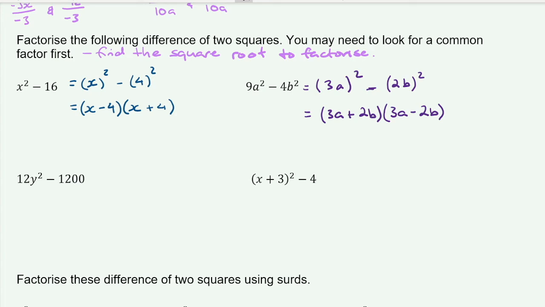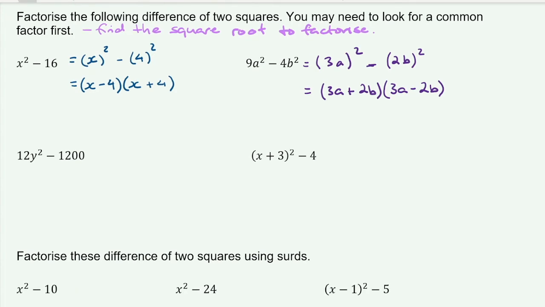Okay, so in this one we have 12y squared minus 1200. Now 12 doesn't have a square root, so it's going to stay outside of a bracket here. I'm looking for that common factor now. 12 is a common factor in 1200, you just times that by 100. So we've pulled that one out.